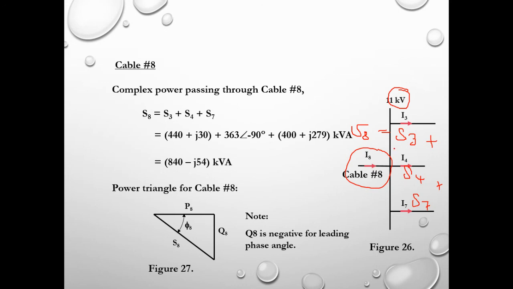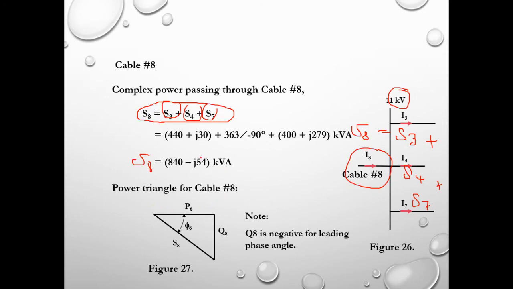So just take the values of S3, S4, and S7 into this equation and generate the value of S8, which is 840 minus j40.54 kilovolt ampere.